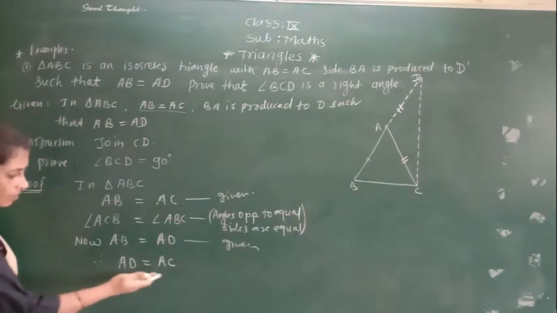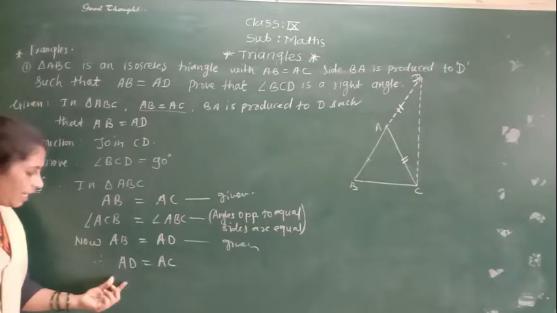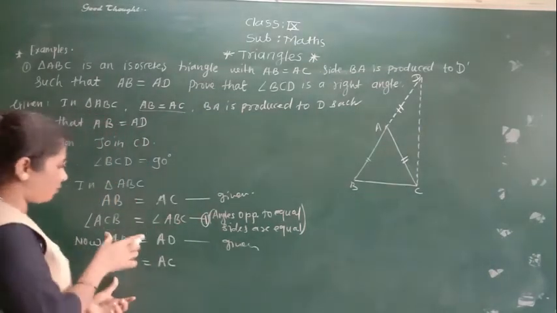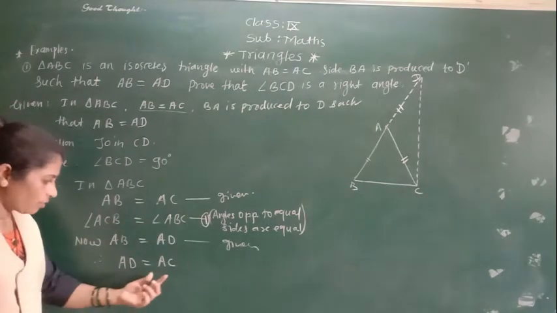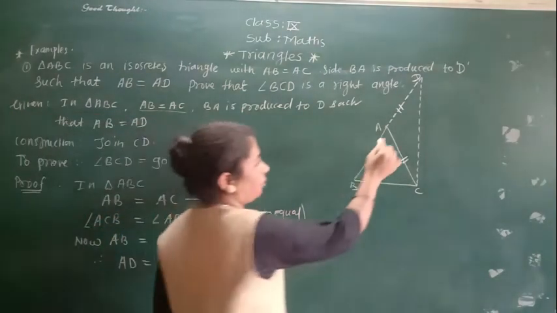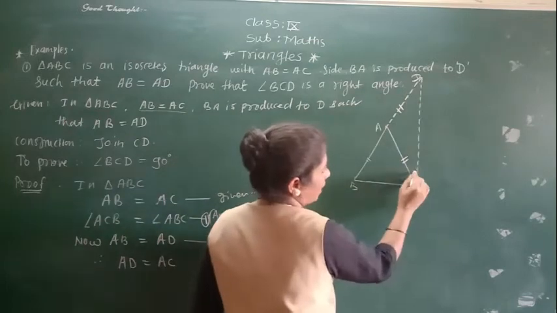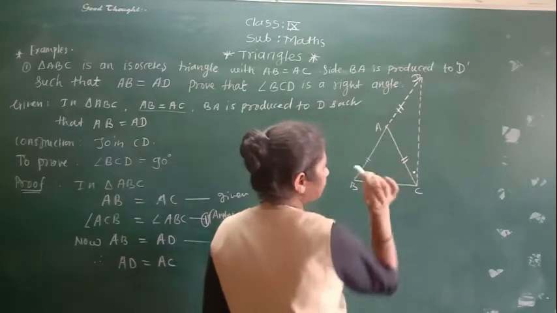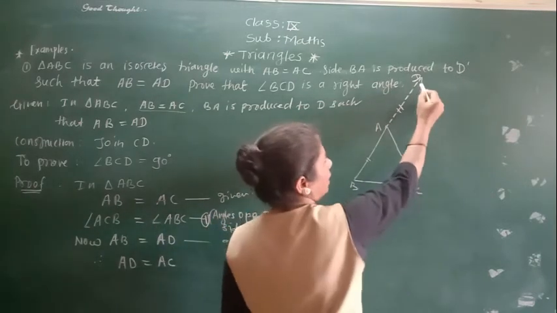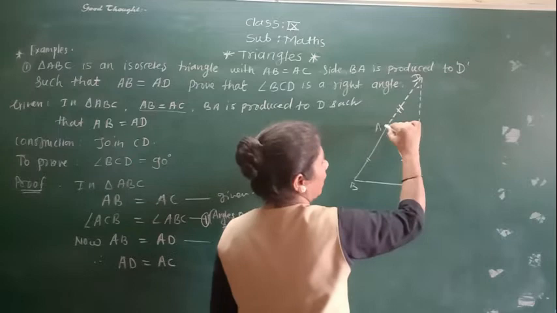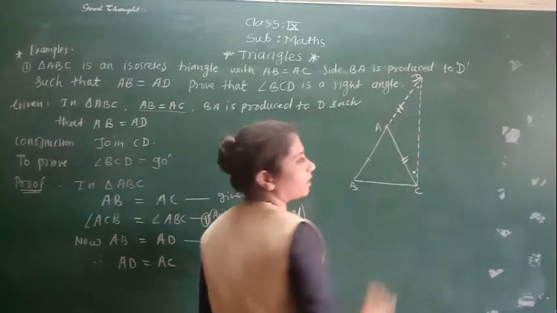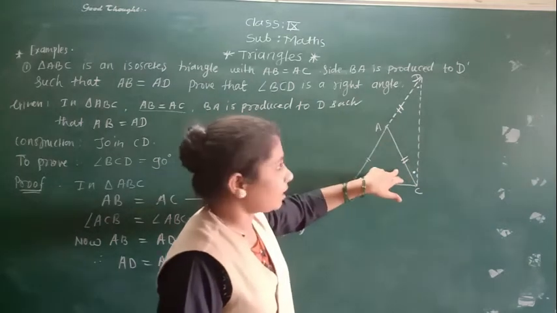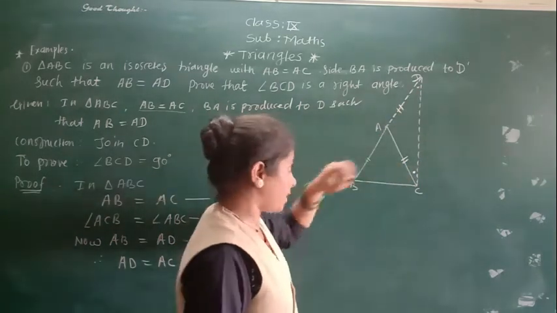Now, when AD equals AC, here we will give the second statement, because we have got this, right? So AD equals AC. For AD, which is the opposite angle? Angle ACD. And AC's opposite angle is angle ADC. These two angles will be the same, because here also we use the property that these two sides are equal to each other, so angles opposite to the equal sides are equal.